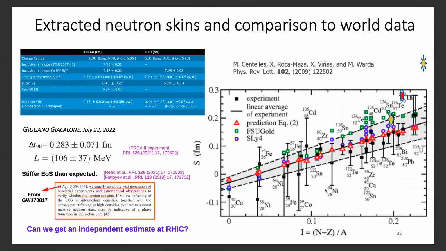Yeah, I think these are the predictions from calculation. I thought there was no other data. So uranium would be there. I see. Okay. I'll go back to slide 28.